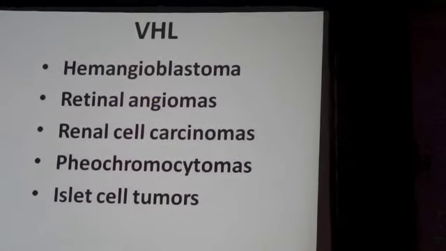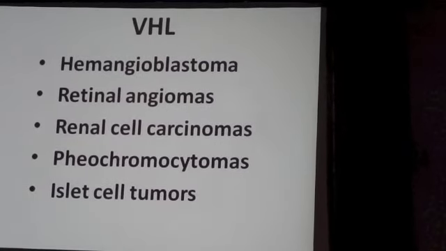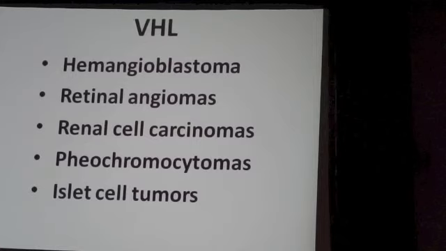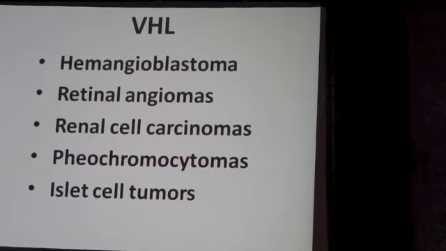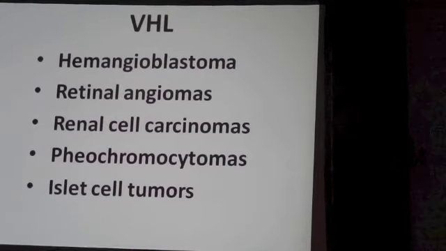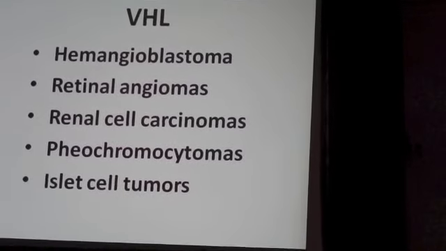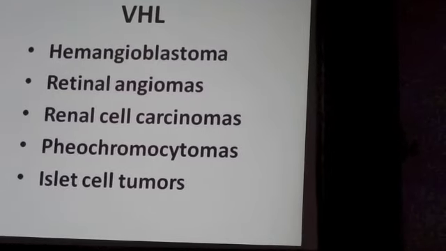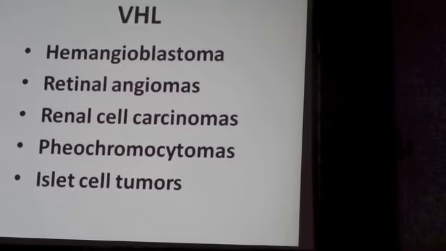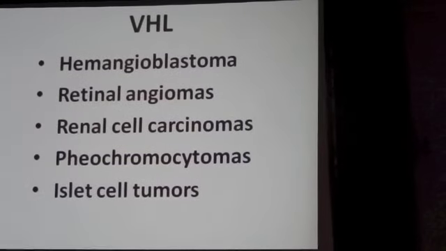A couple of other things to touch on briefly before we end is von Hippel-Lindau. Most of us from medical school and the practice of pathology usually think of renal cell carcinomas and hemangioblastomas when we're thinking of von Hippel-Lindau. But the endocrine pathologist, who may sometimes be too narrowly focused, is thinking of pheochromocytomas and islet cell tumors.